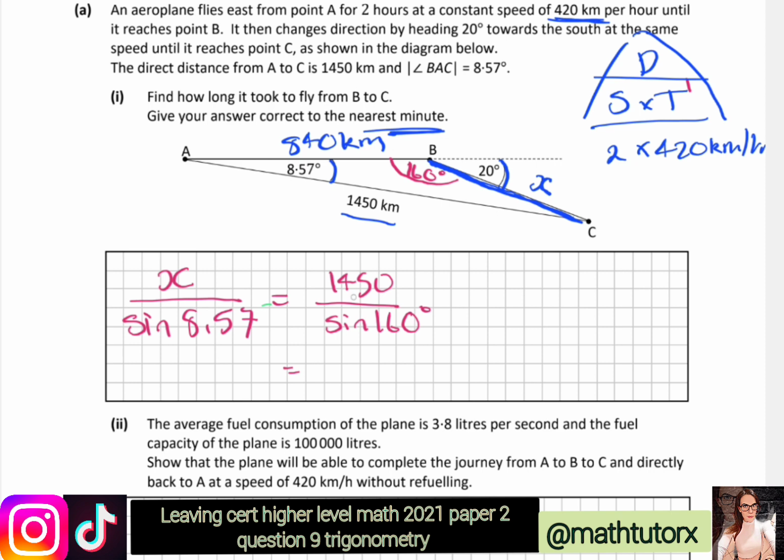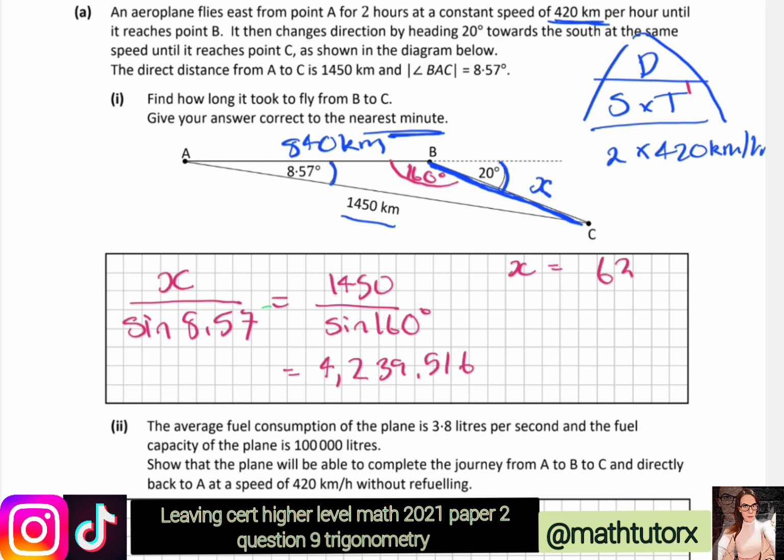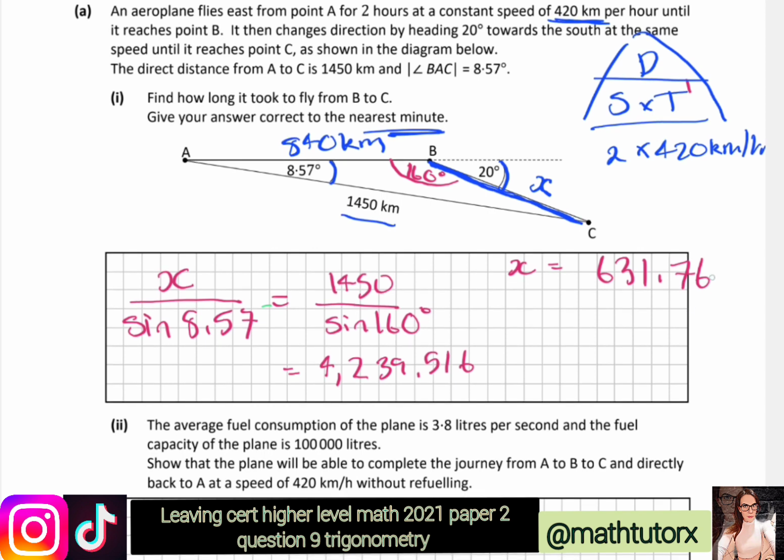So on our calculator, if we do the right hand side, 1,450 divided by sine of 160 degrees, it's going to give us 4,239.516, and that is a long recurring decimal. And then we can multiply that by the sine of 8.57, and that will give us 631.76, rounded to 2 decimal places, and that is the kilometers from the distance from B to C.